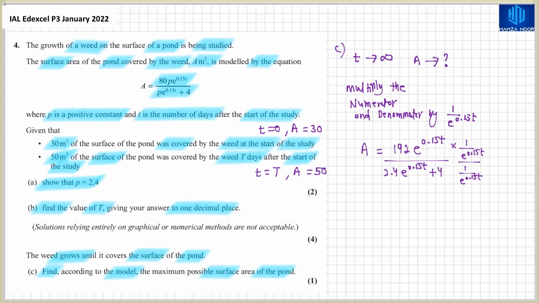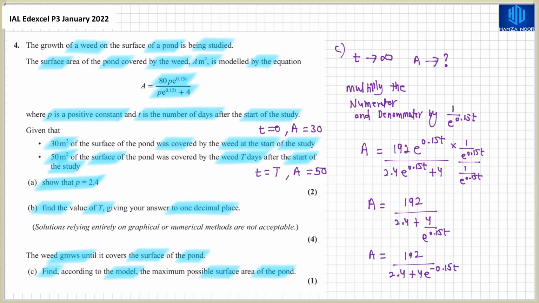So this will become area is equal to 192 divided by 2.4 plus 4 over e raised to the power 0.15t. This is the same as saying area is equal to 192 divided by 2.4 plus 4 times e raised to the power minus 0.15t.